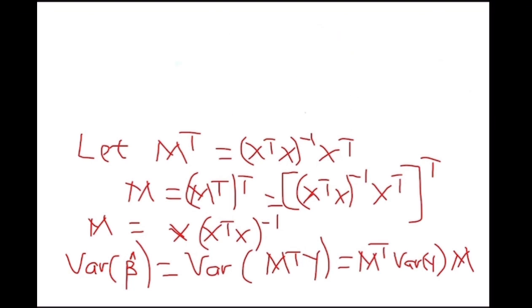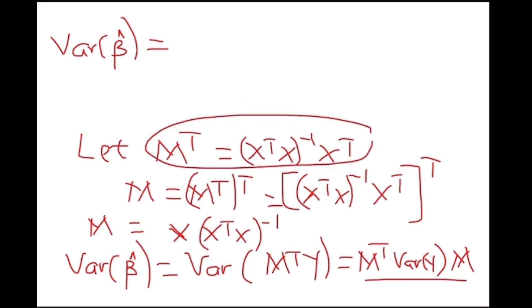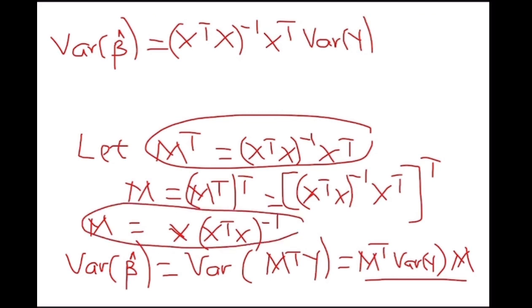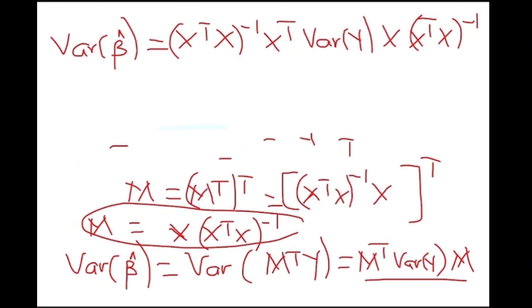So the variance of beta cap now is going to be, right here, M transpose, which is (X transpose X) inverse X transpose, then the variance of Y. Then what about M, the M that I derived the other time? It's going to be X (X transpose X) inverse. Now that is what we have at the moment.